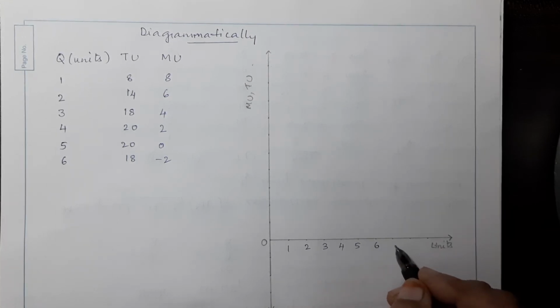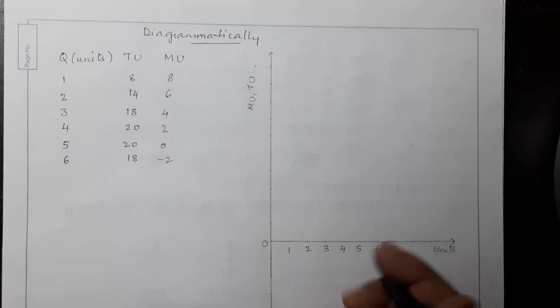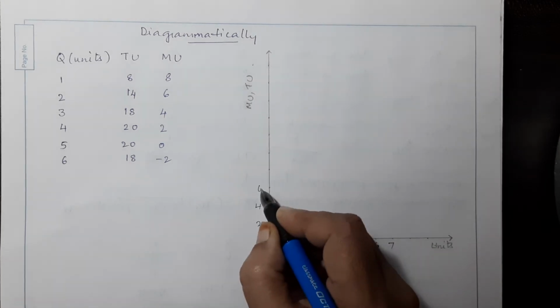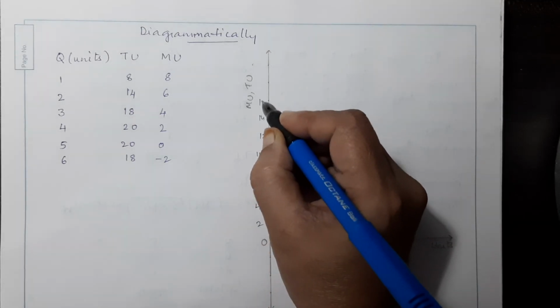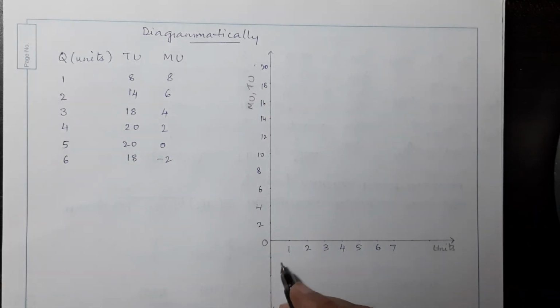Let's write down 7 also. Then what is the scale that we are going to take over here? Let us take 1 centimeter equal to 2 units. So this is going to be 2, 4, 6, 8, 10, 12, 14, 16, 18 and 20. 20 is our last number. Then here we will take minus 2, minus 4, minus 6.